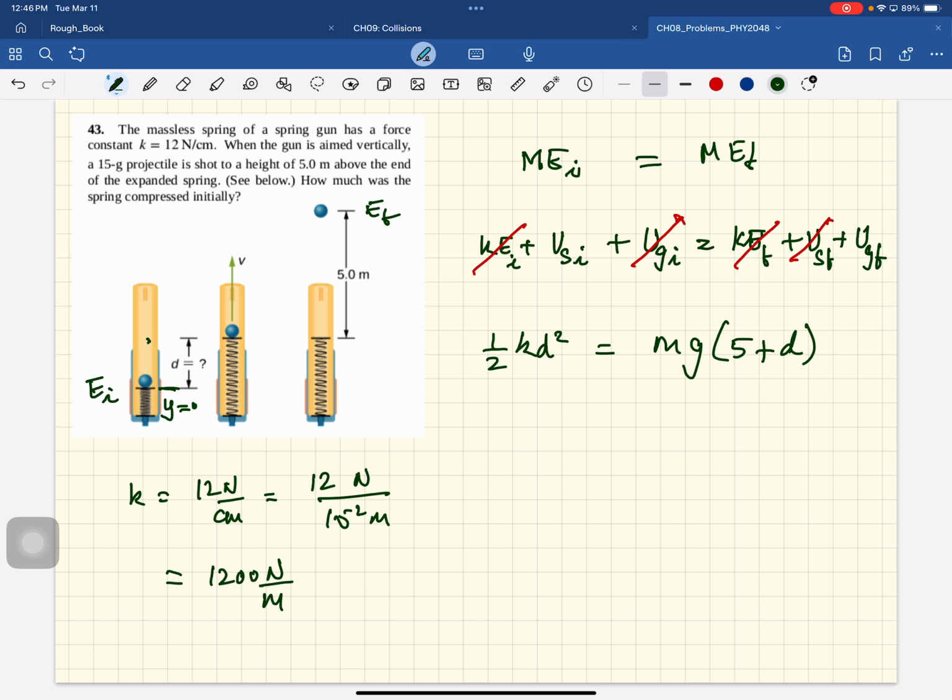All right, so now we can put in the numbers. 1200 d squared over 2, which is 600 d squared, equals 15 grams, 0.015 kg times 9.8 meters per second squared times 5 plus d.